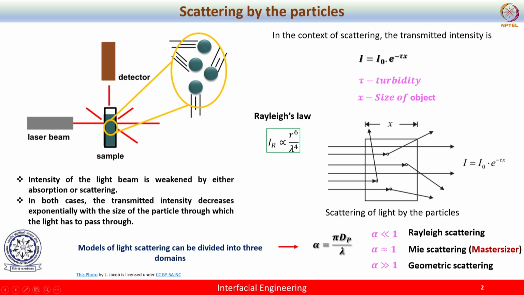You can also call it extinction efficiency, which is also a function of size and the refractive index, and it will also contain information about the concentration of the scattering particles. In this way you can calculate intensity as a function of scattering vector. That will tell us what is the size of the particles eventually.